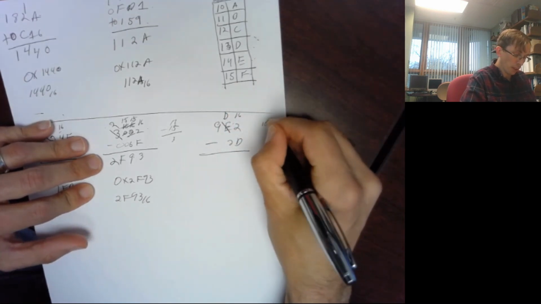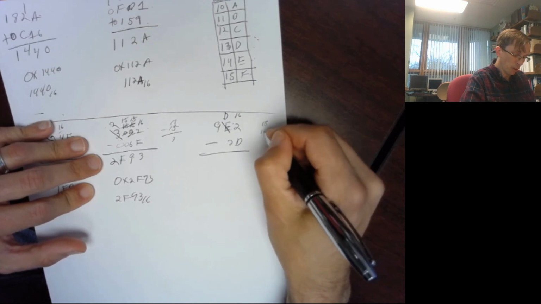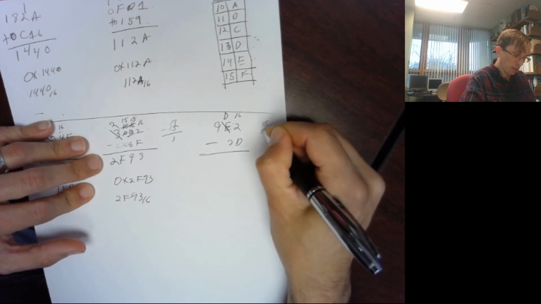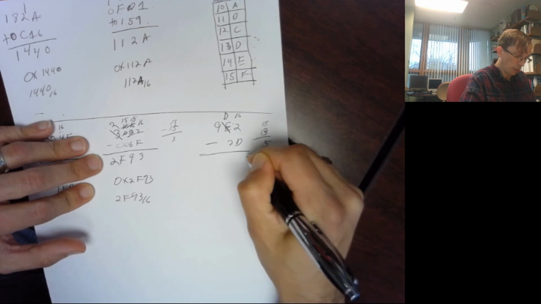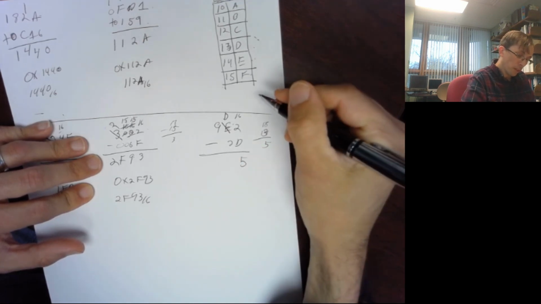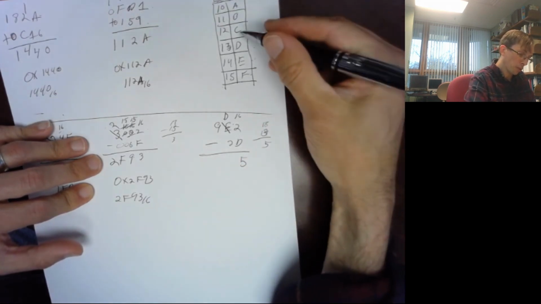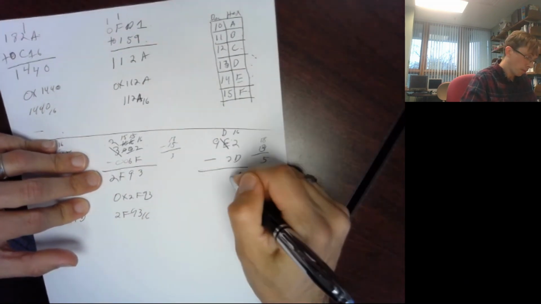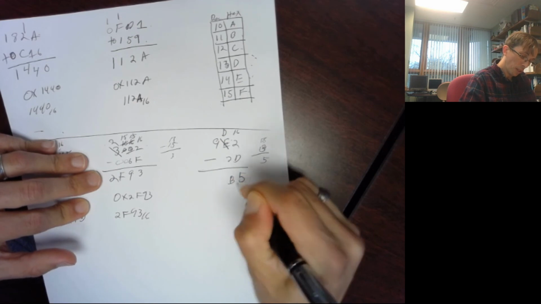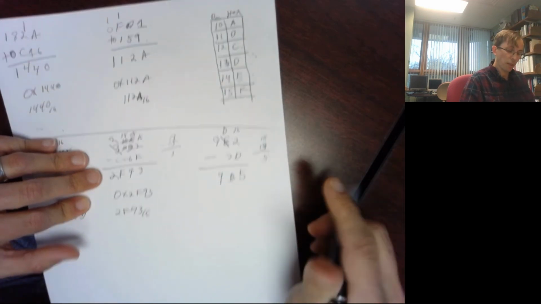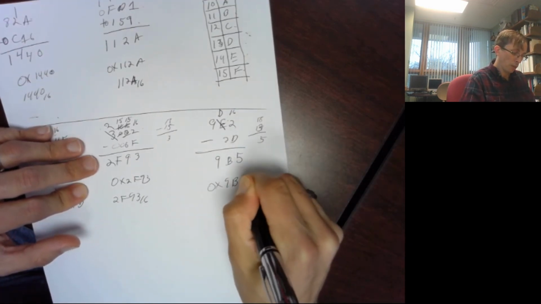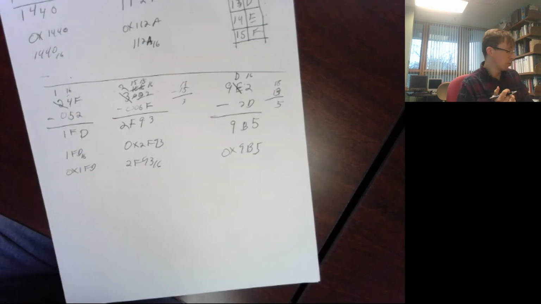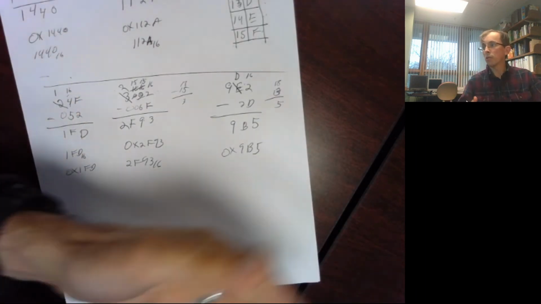It gives us an 18 minus the D, which is 13, not 14. So it gives us a 5. And then we have 1 minus 2, so B. Oh, sorry, can't see it. All right, so we got a B there. And then we have 9. So 0x9B5.